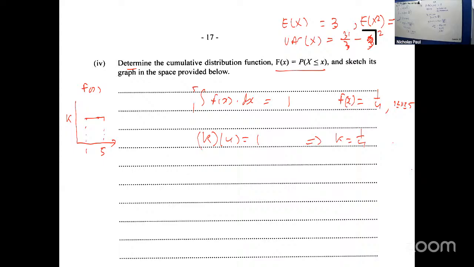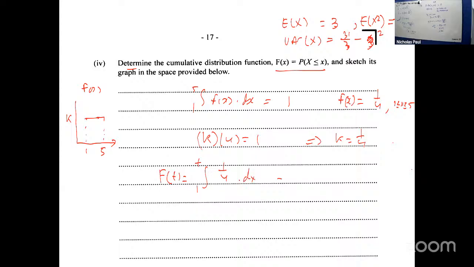Right, so you should have it by now. So F of t is the integral between t and 1. It's a little bit different here, between t and 1 of k. Sorry, we know what k is now. K is a quarter.